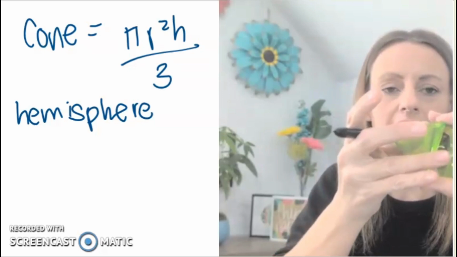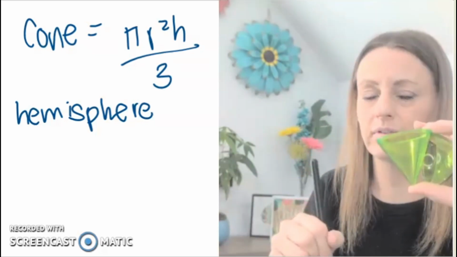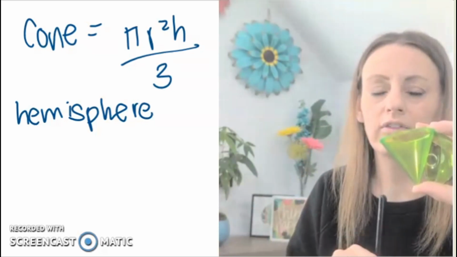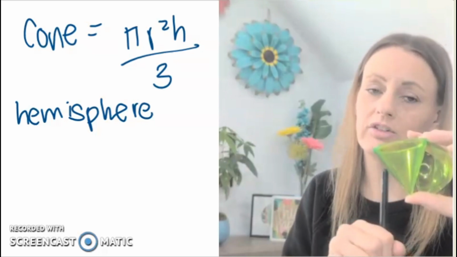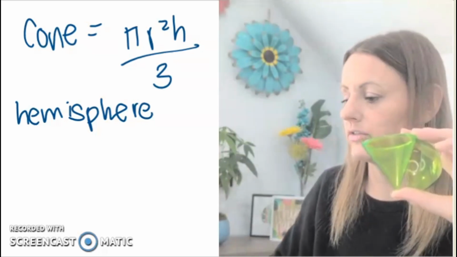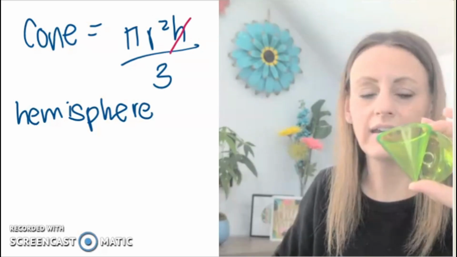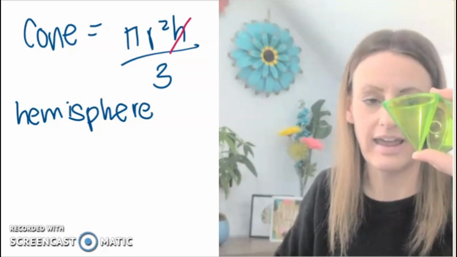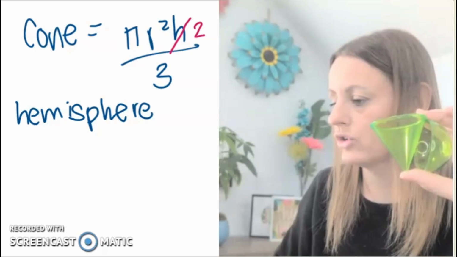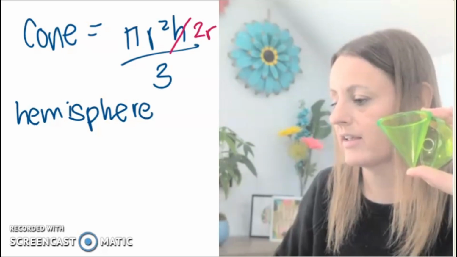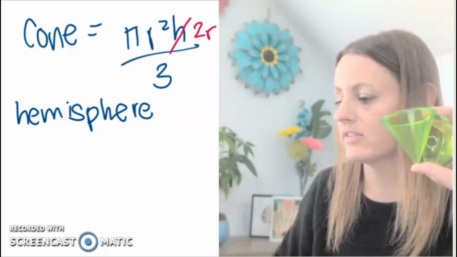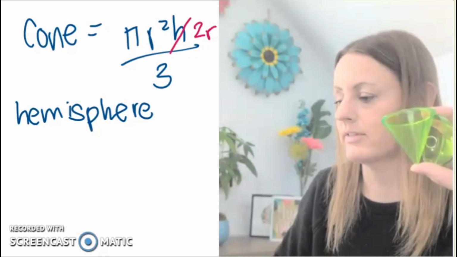If you look at the formula, it's in terms of radius, so instead of writing it in terms of diameter, I'm going to write it in terms of radius. So right here where this cone is, I'm going to cross out height, and the height of my hemisphere is 2 times my radius, right?